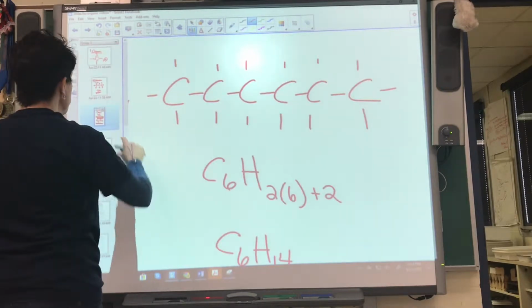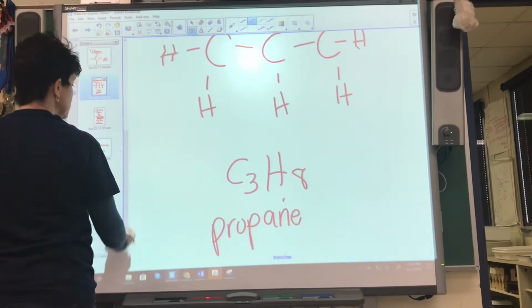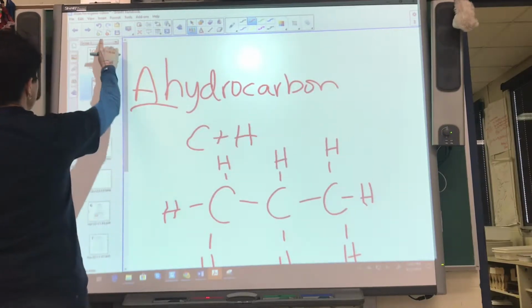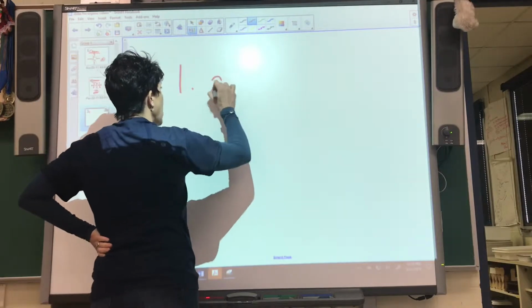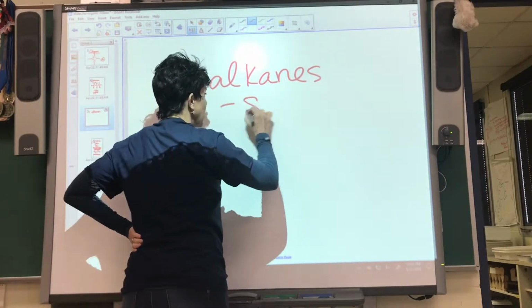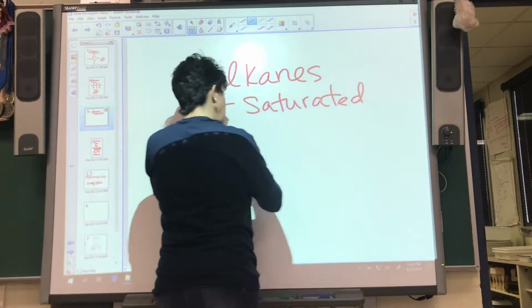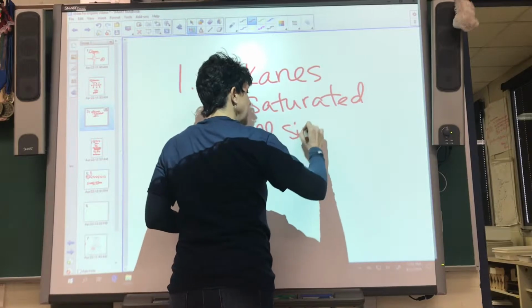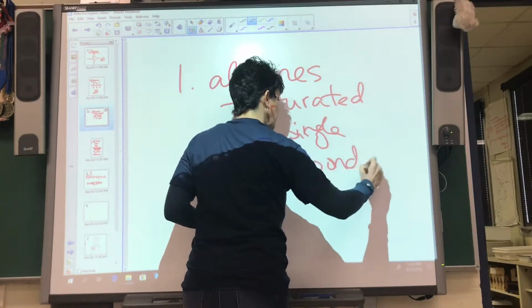And so I started off here with hydrocarbons, and my first one was an alkane. So I want to add that to my notes. I had a hydrocarbon, type 1, alkanes. They are saturated. That means all single carbon-carbon bonds.